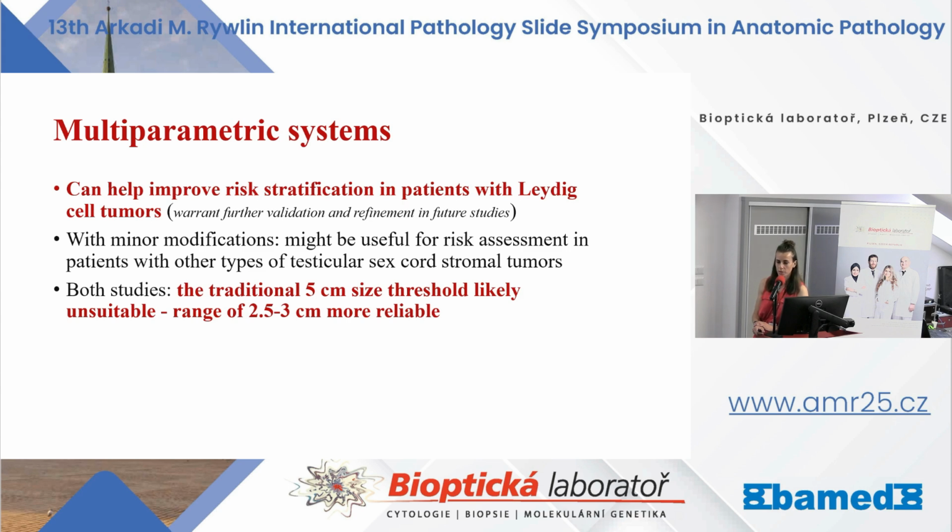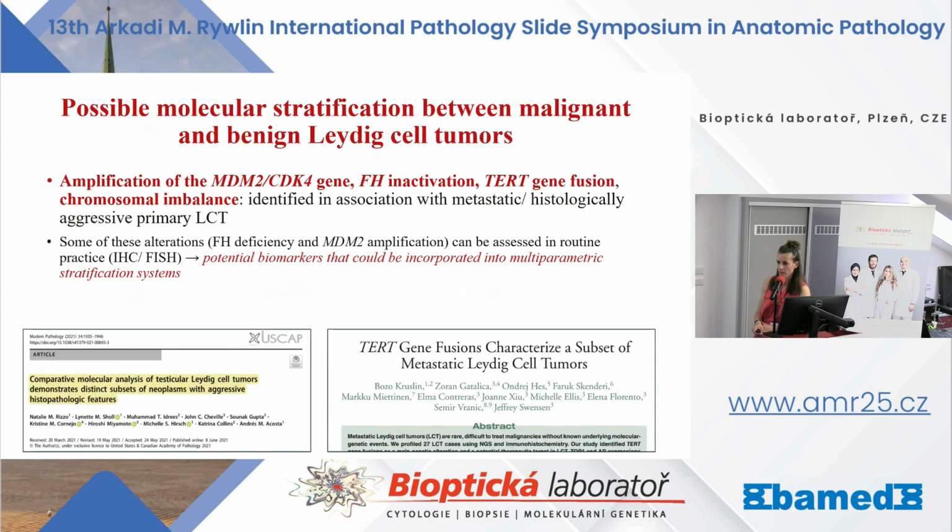What can be concluded from both studies is that the traditional 5 centimeter threshold is probably unsuitable, and that smaller tumors tend to behave aggressively. So the range of 2.5 centimeters to 3 centimeters seems to be more reliable.